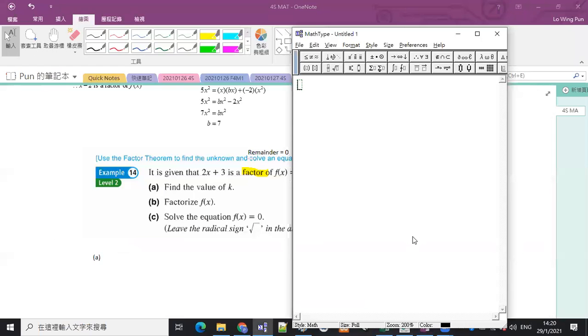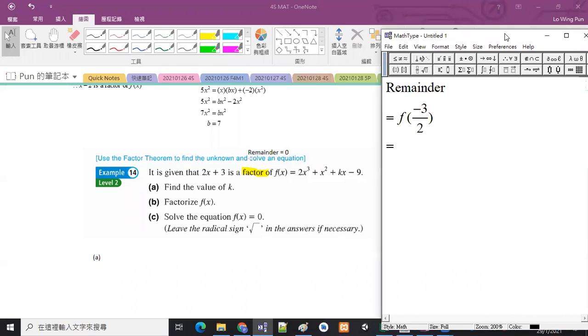The remainder is equal to f(number), and because the divisor is 2x plus 3, the number should be -3/2. Then you can calculate f(-3/2): 2 times (-3/2) cubed plus this plus k times this minus 9. Just simplify this very carefully.